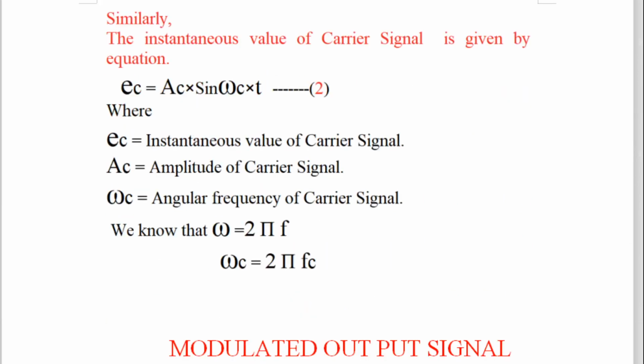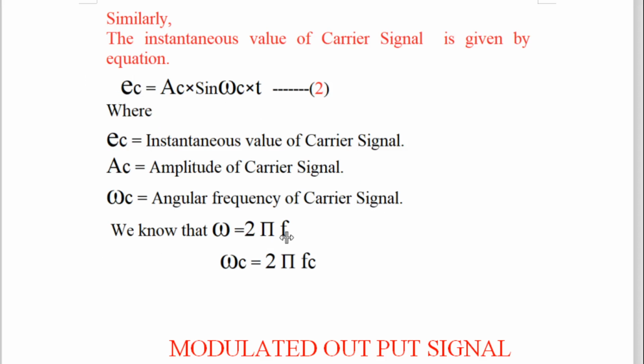And see, the same thing is given here. Similarly, the instantaneous value of carrier signal is given by the equation Ec equal to Ac into sine omega c into t, where Ec is the instantaneous value of carrier signal, Ac is the amplitude of carrier signal, and omega c is the angular frequency of carrier signal. Everything we are talking about is carrier signal.